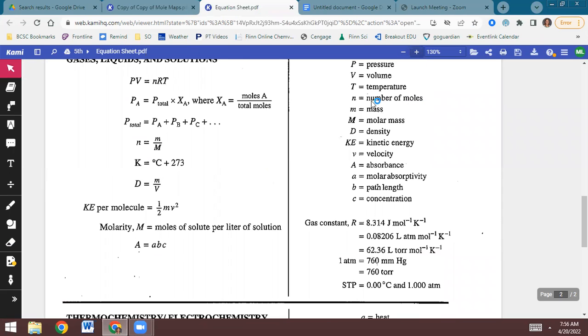You could apply it with the PV equals nRT equation. You could apply it to molar mass, which is kind of what this one is. And you could apply it to density and then solve for moles, or molarity, which is moles per liter. So all of these equations, this could be applied to, okay?